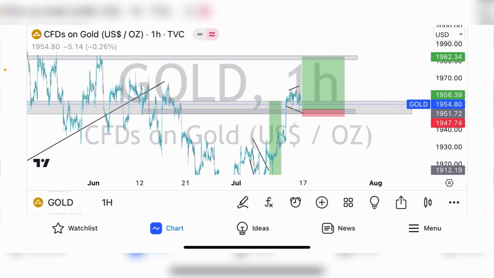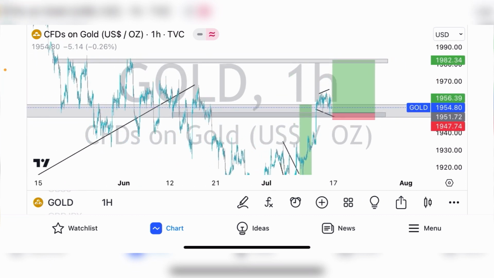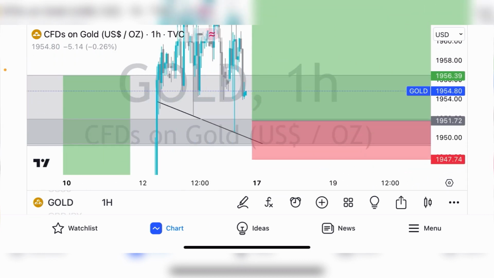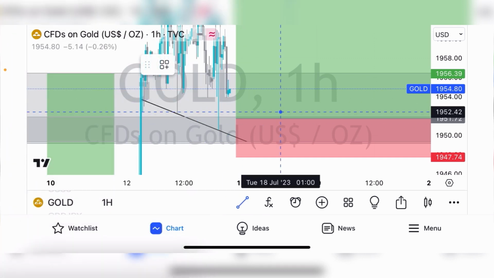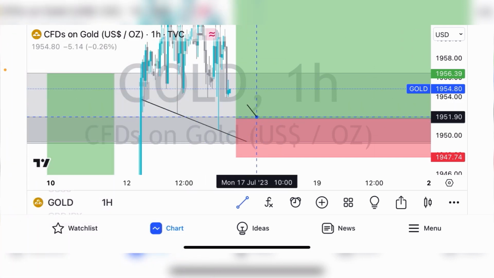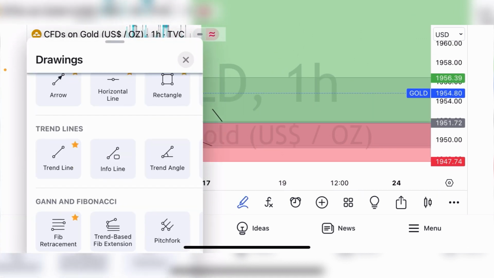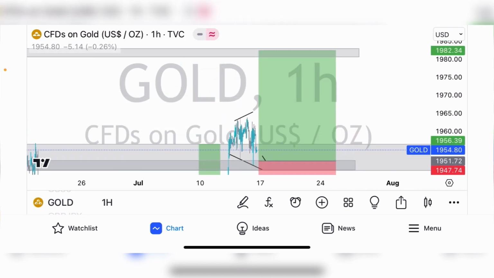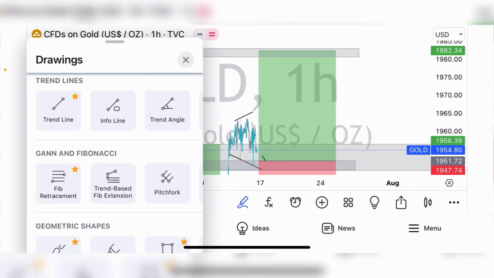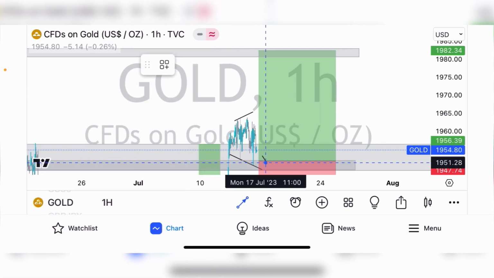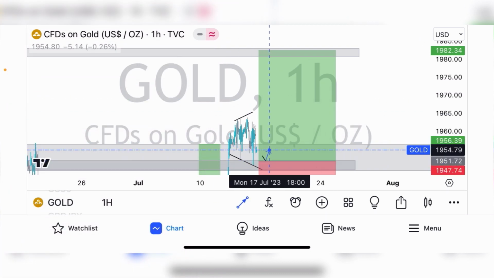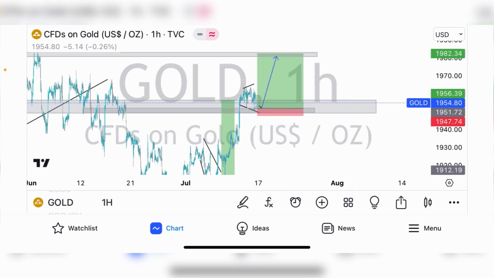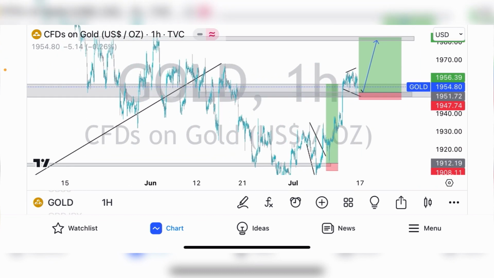So we made a short retracement on gold to that zone, and then from there we are going to shoot up. We might shoot up from here to the resistance I just drew now, to up here. This is what I see on gold.